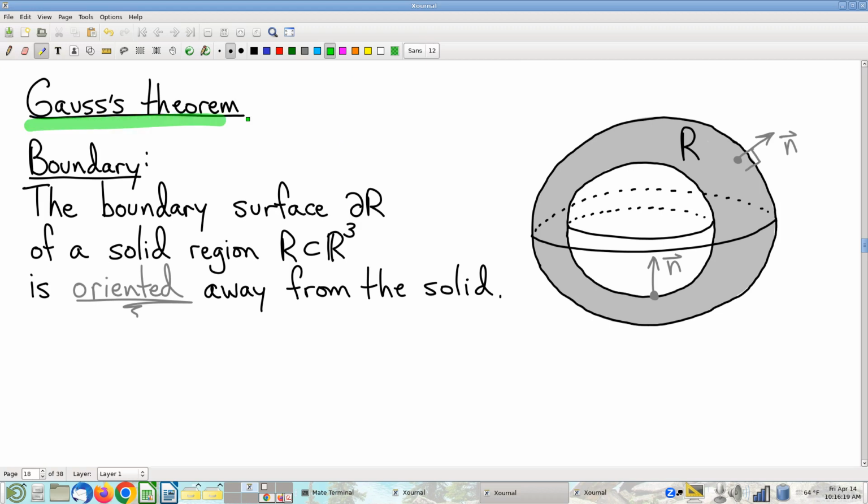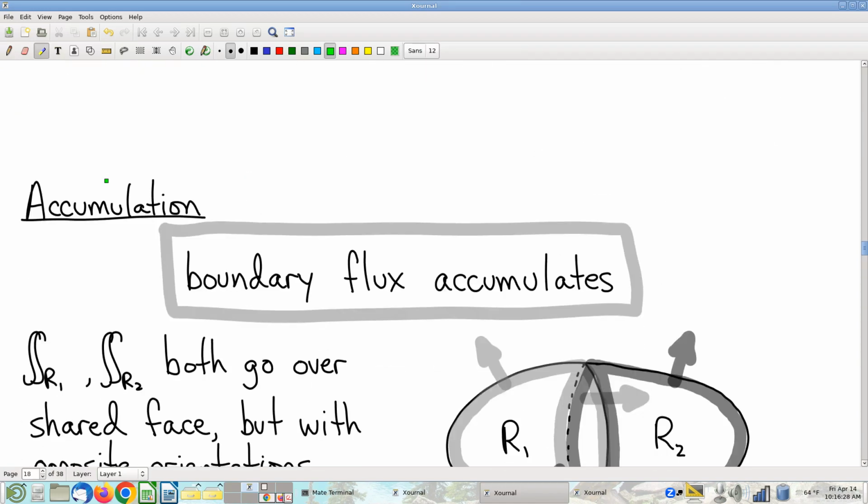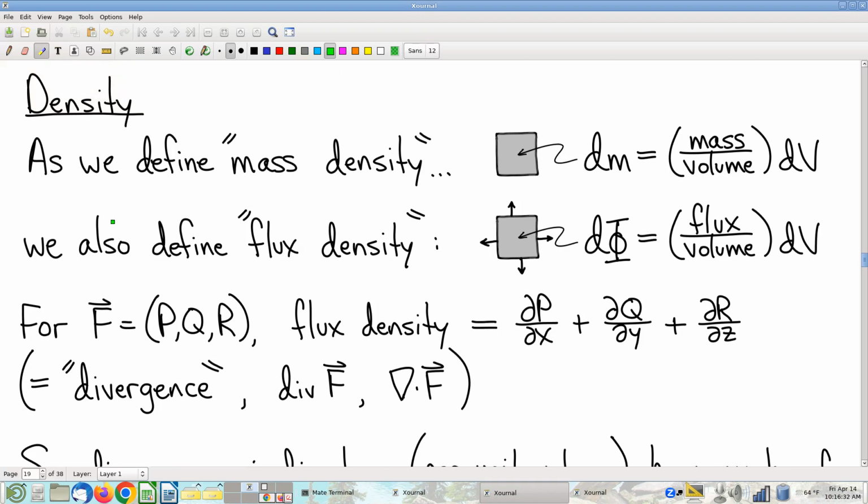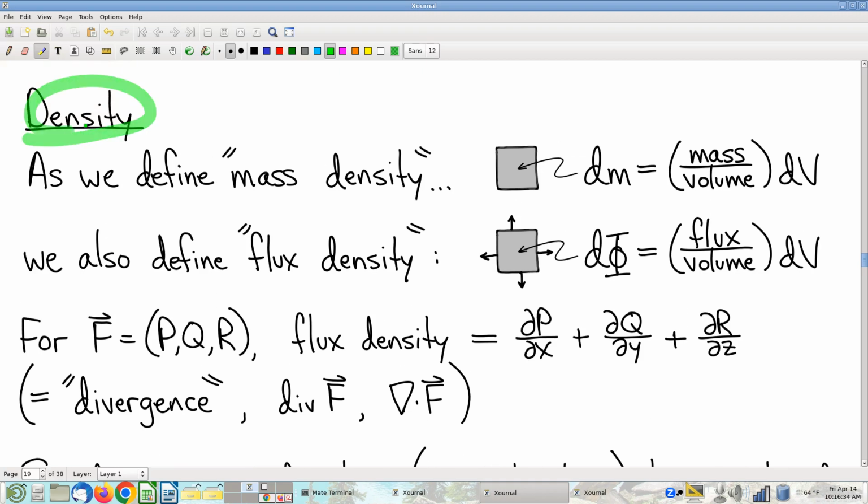First thing you're going to notice, possibly as familiar, hey, wait, haven't we done this already, is I'm going to start by talking about the ideas of boundary and accumulation and density. This is the same sequence of subheads that we used when we were talking about Green's theorem. So, how about that? That's an eyebrow raiser.